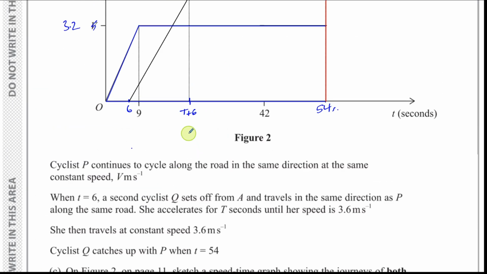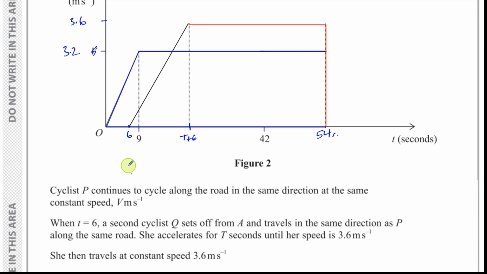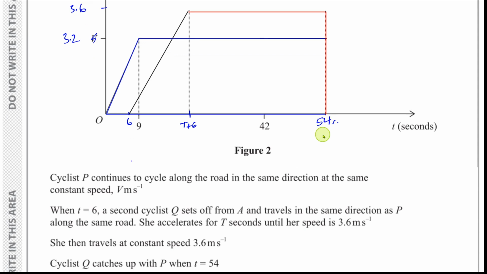How do we know that? Because they both passed each other at the same place. P set off from A, as we know from the first part of the question. Q sets off from A. So they set off from the same place at different times, but they end up in the same place as well. They finish at the same place.